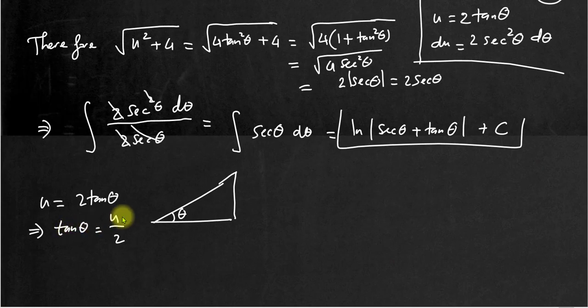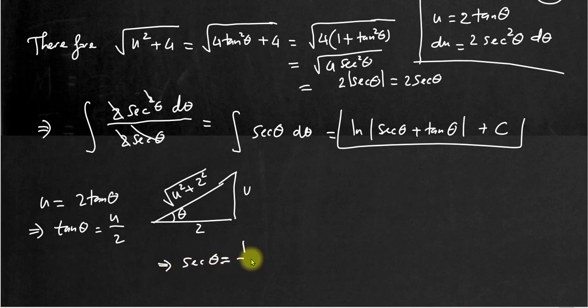So remember, tangent is the opposite divided by adjacent. Therefore, you can find the hypotenuse, which is the square root of these two squares added together, so u squared plus 2 squared, and then take the square root. The reason I want to label the right triangle is that from here, I can find secant of theta.